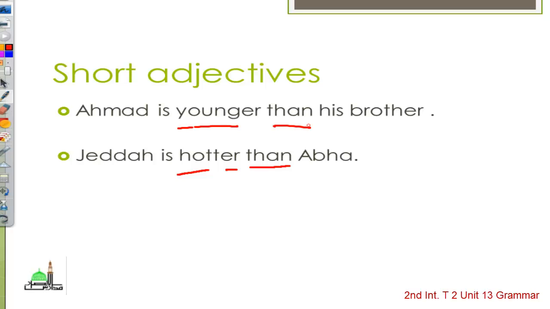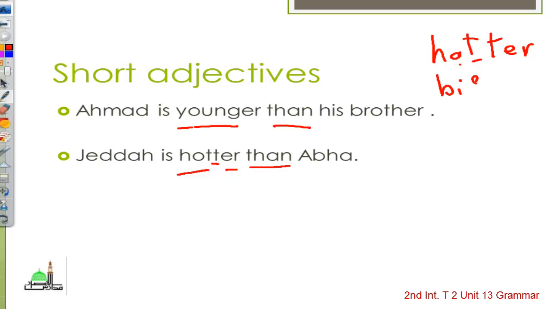If you look carefully at this adjective hot, what happened to it? You will see double T. Why? If you have a vowel before the T, now I have O before the T, so when I add ER, it will become double T and ER.